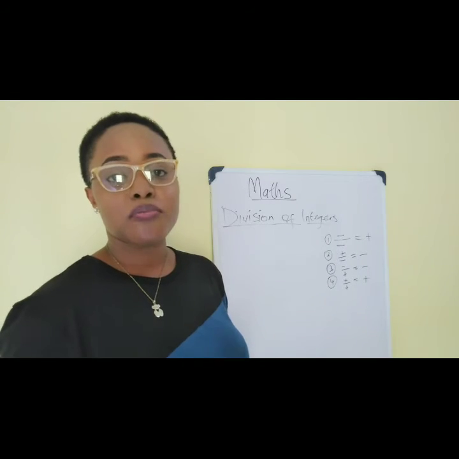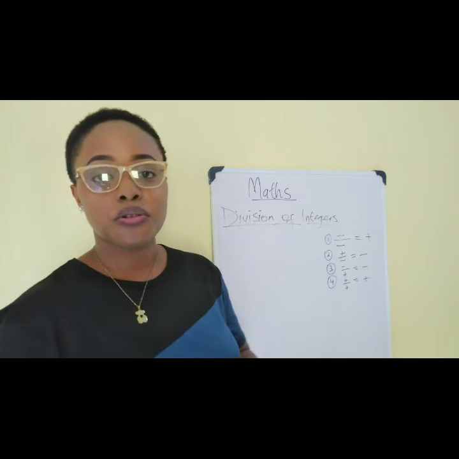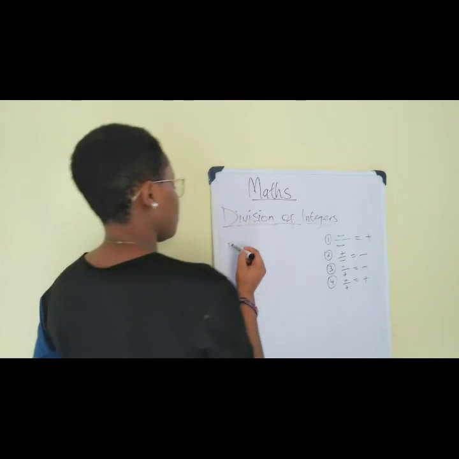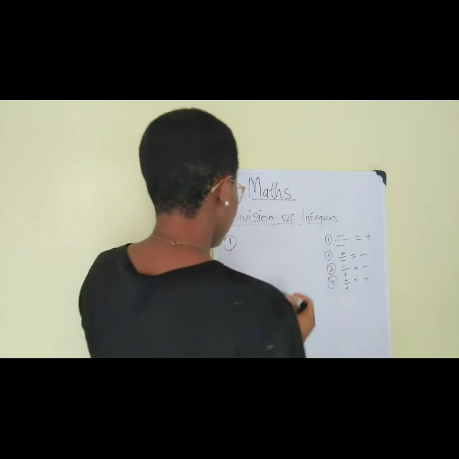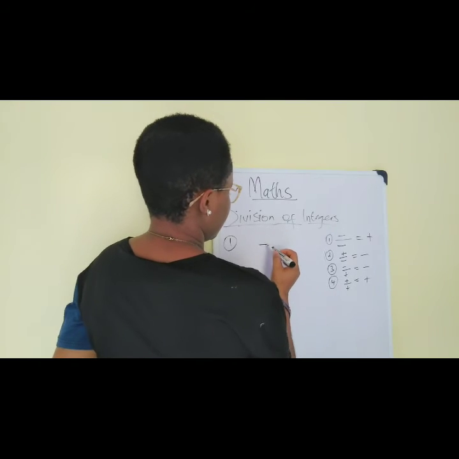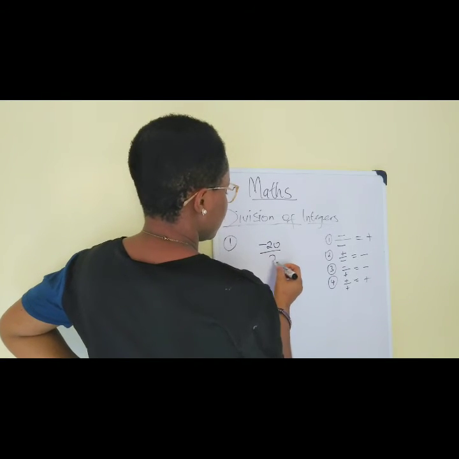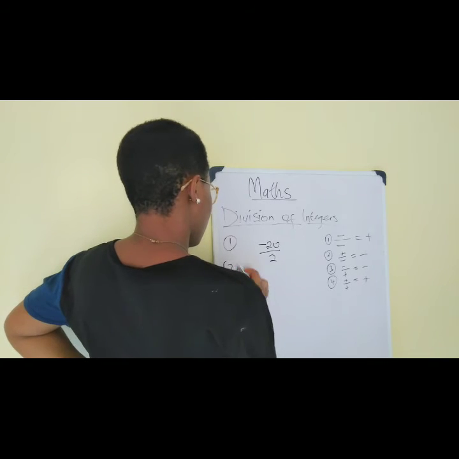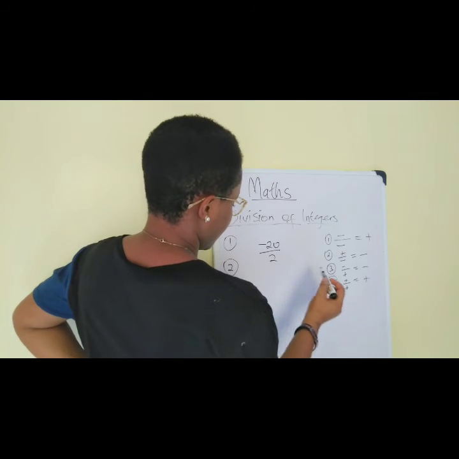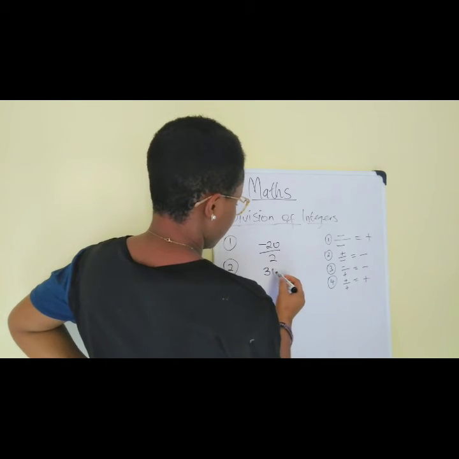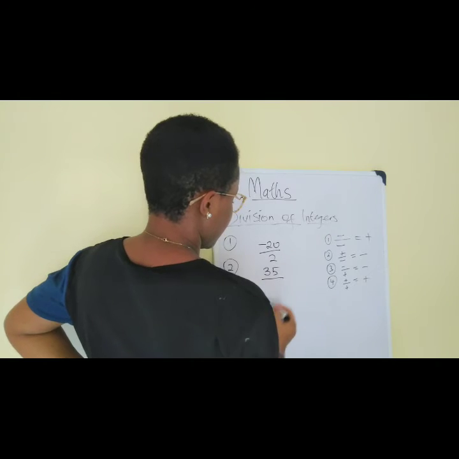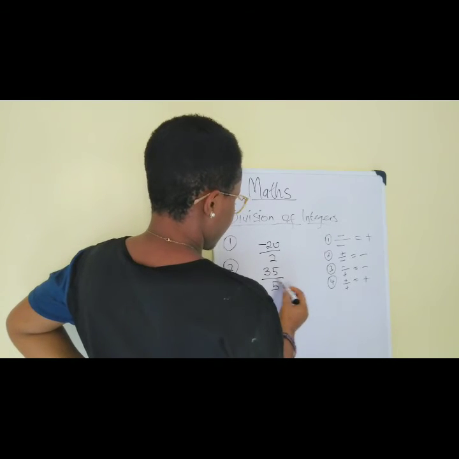Guys, you can go ahead and pause the video and try to solve these problems. The first problem is a negative 20 divided by a positive 2. The second one is a positive 35 divided by a positive 5.